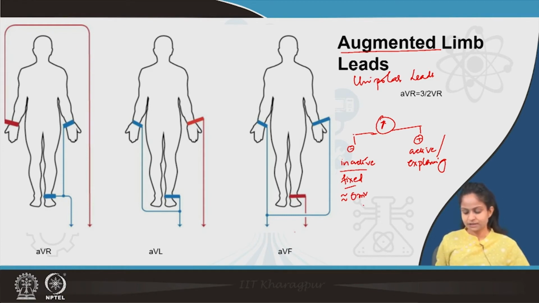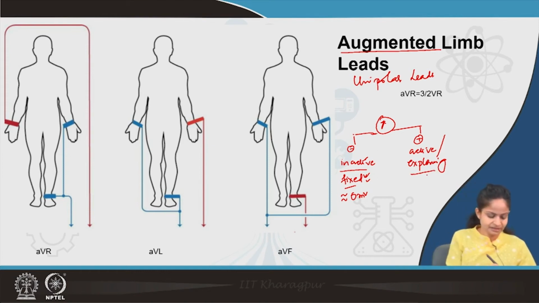So, when we combine the electrode terminals with a very high resistance of, say, 5000 ohms, we get a voltage across this that is equivalent to 0. Practically or mathematically we do not get 0, but we get values close to 0. So, it is better to use the term fixed in this case. The positive electrode is active, or the exploring electrode, whereas the negative electrode is inactive.